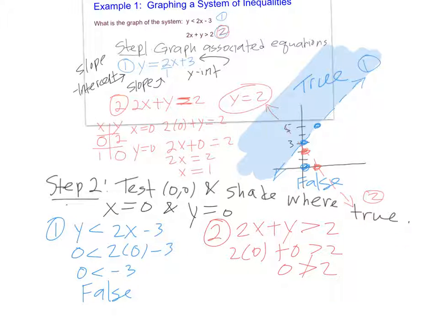That is false. So again, for the second inequality, the (0, 0) side is false.